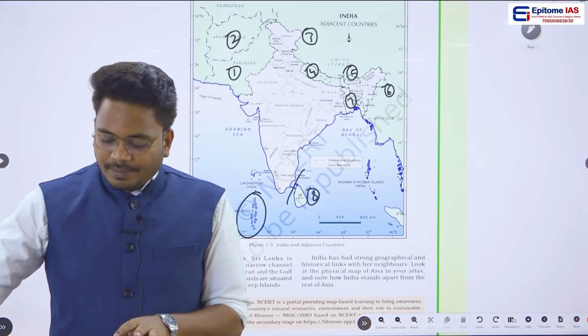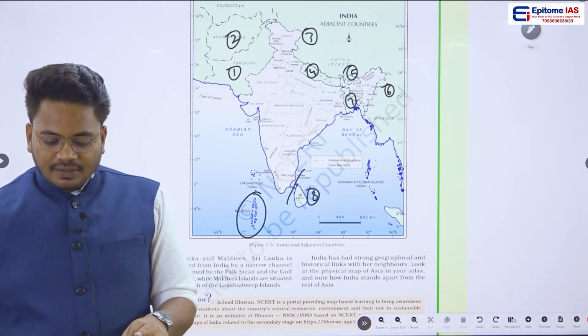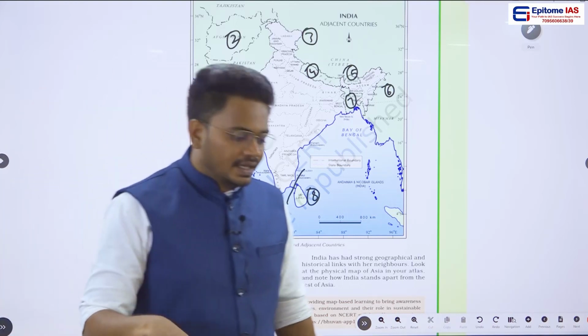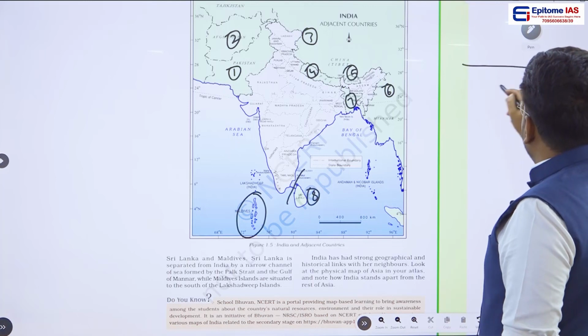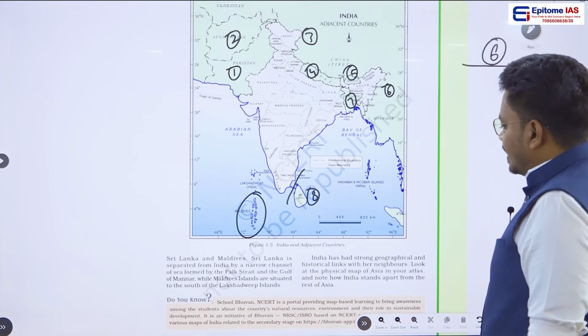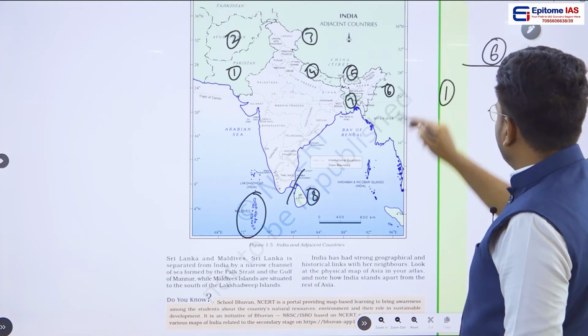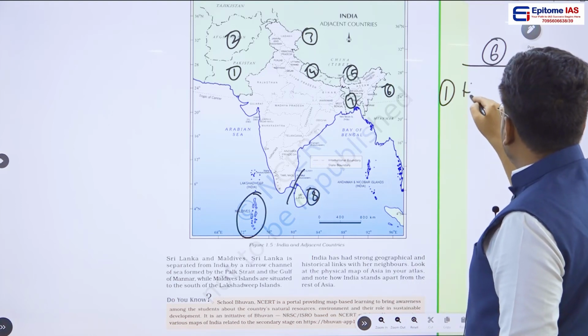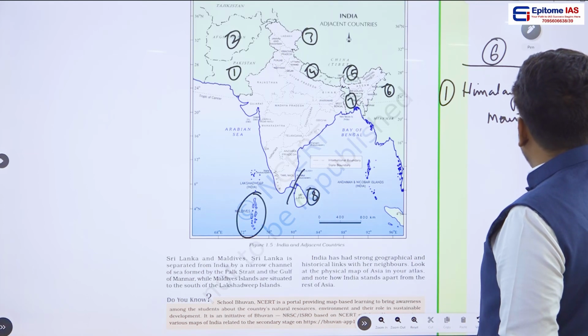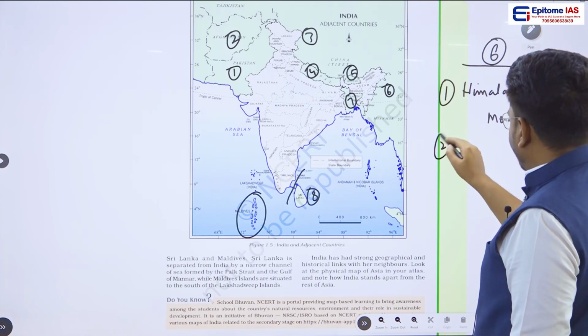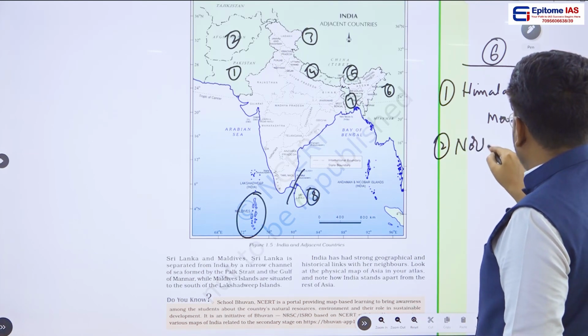In chapter number 2, we will be reading about the physical features of India. We will read about 6 physical features that India has. What are they? First, the Himalayan mountains. Second, the northern plains.